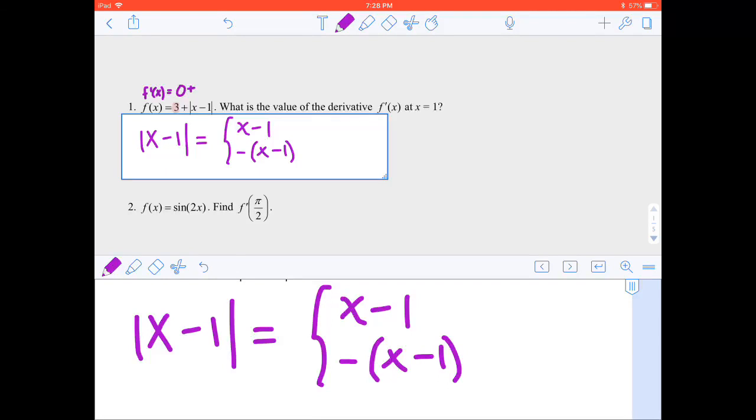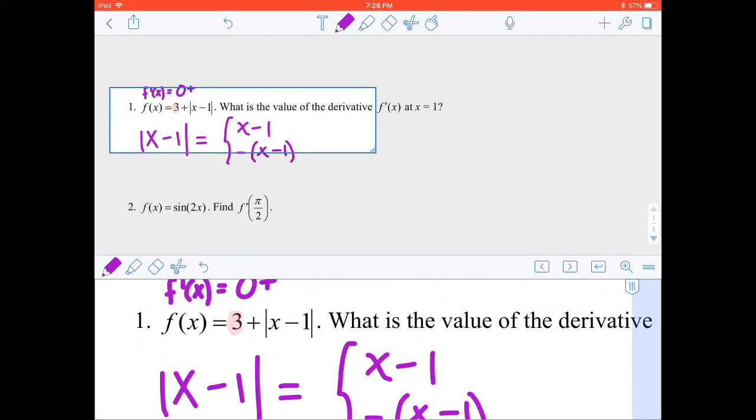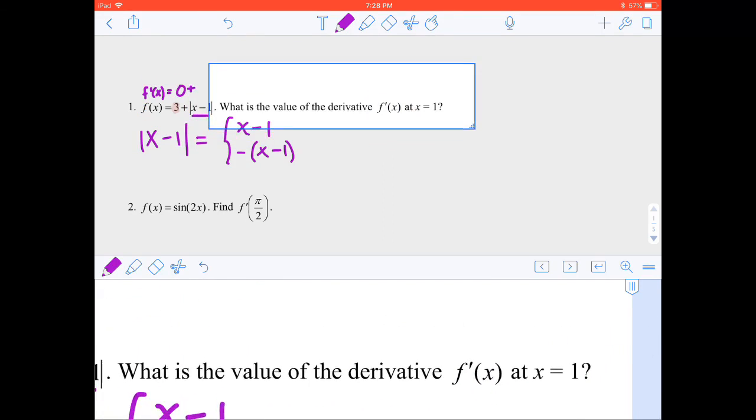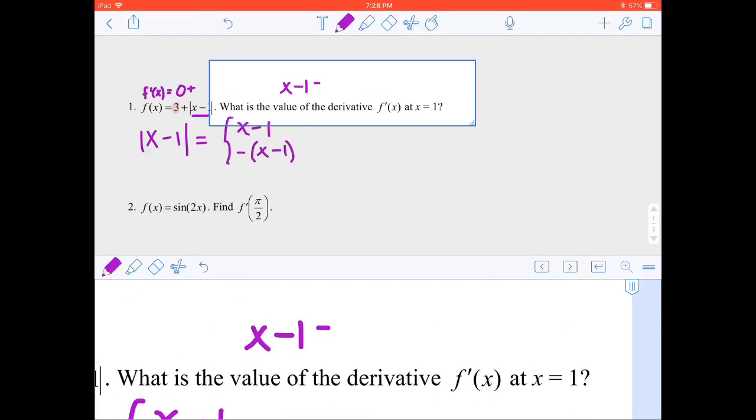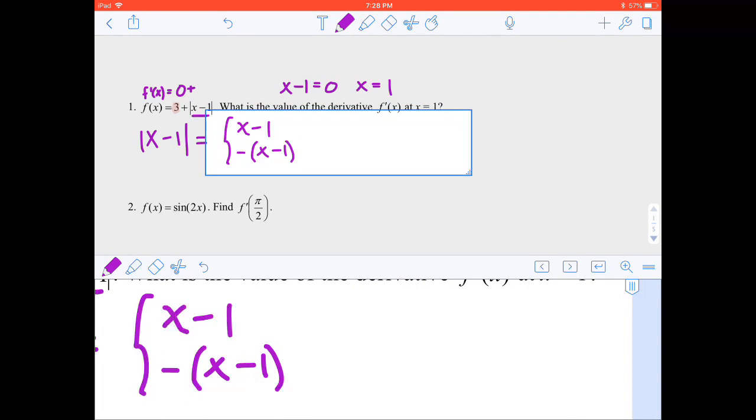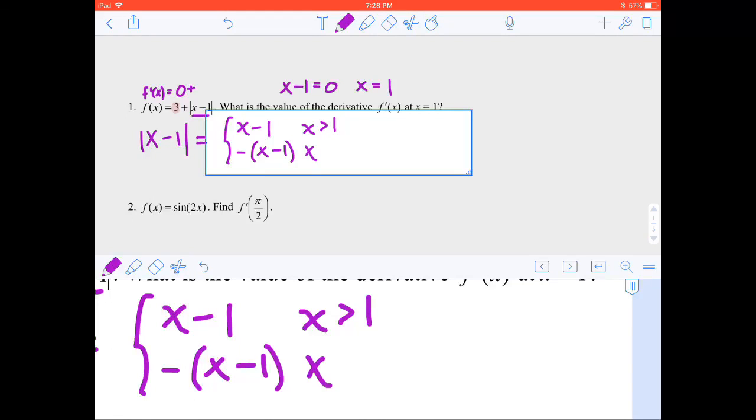The way to determine where each of those parts start is whatever is inside of the absolute value, in this case x minus 1, set it equal to 0 and solve for x, so we get x is equal to 1. That means we're going to have x minus 1, the positive side of this, when x is greater than 1, and when x is less than 1, we're going to have that negative version there.